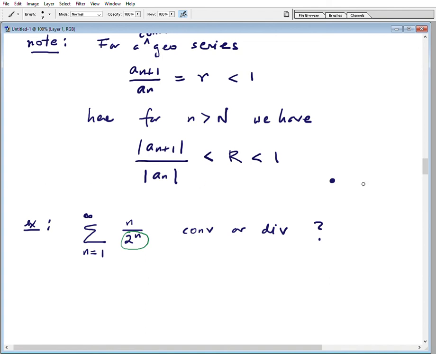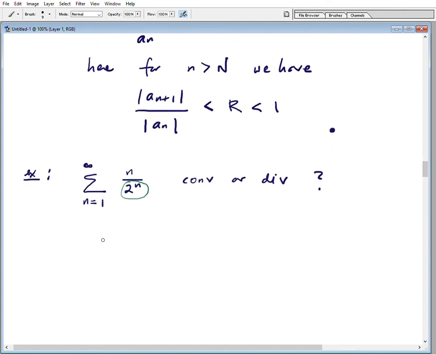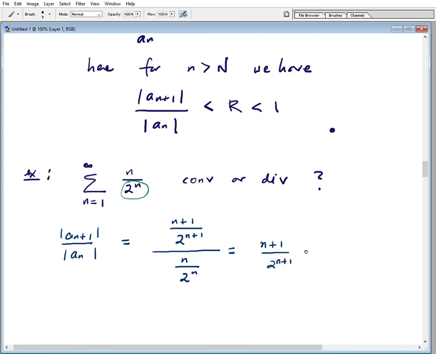Okay, so let's try the ratio test on this. What we're going to do is take a to the n plus 1 and divide. Here everything is positive, so the terms are positive. So n plus 1 would be this, and that's the denominator. So let's just flip the denominator.